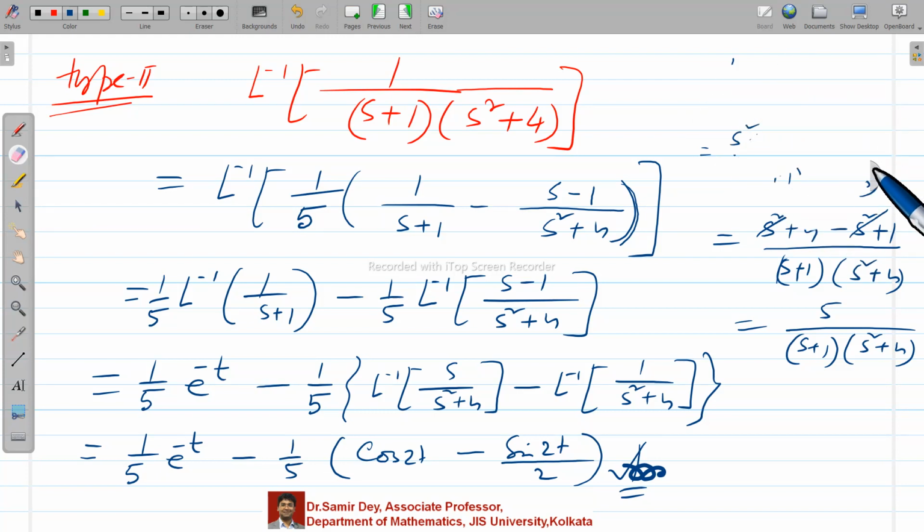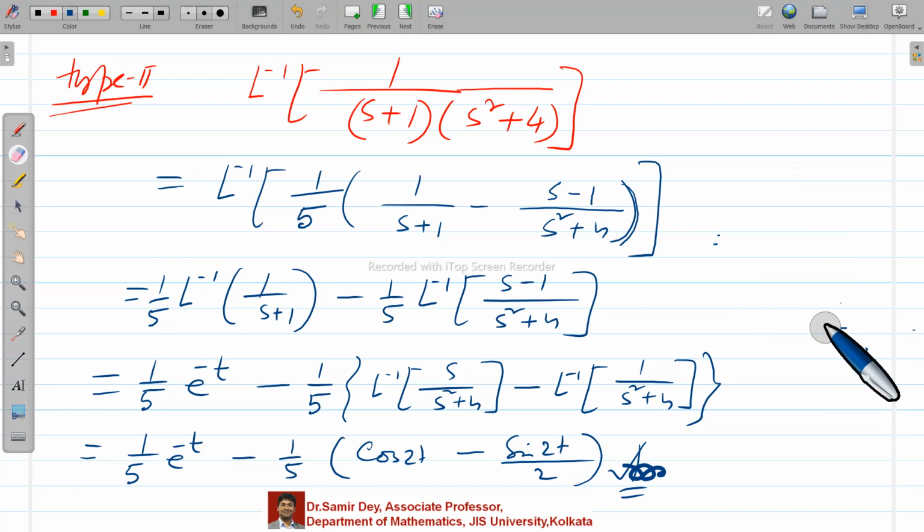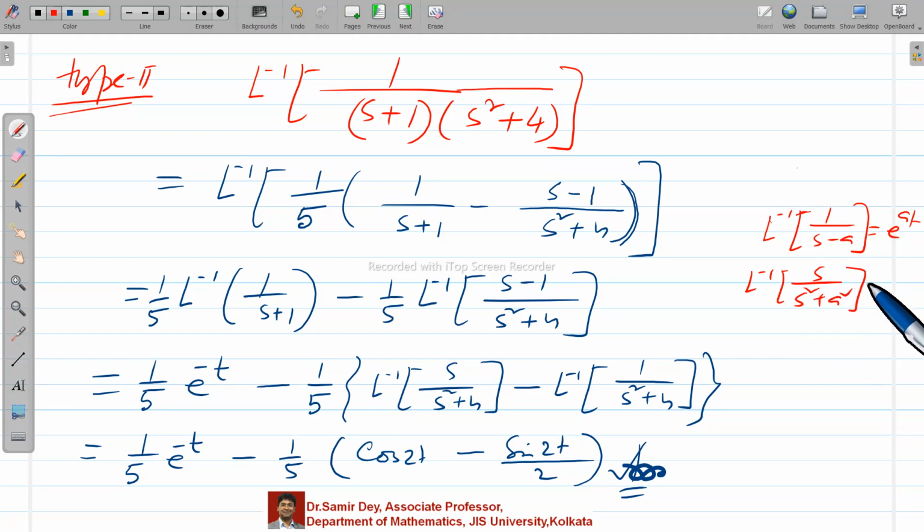Now try to understand which main formulas we have used here. Please take a note. There are three formulas we have applied: L inverse of 1 by s minus a is equal to e to the power at. L inverse of s by s square plus a square is equal to cos at.